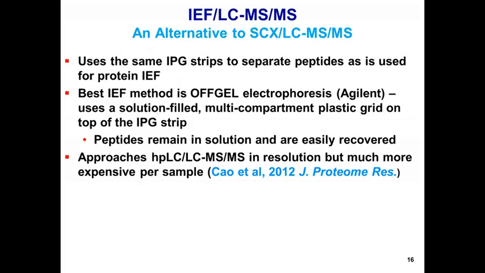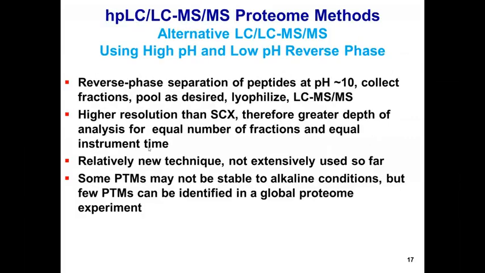Another alternative is to use high pH reverse phase followed by low pH reverse phase, and this is superior to off-gel in terms of resolution, and also off-gel electrophoresis is the most expensive of the bottom-up approaches.